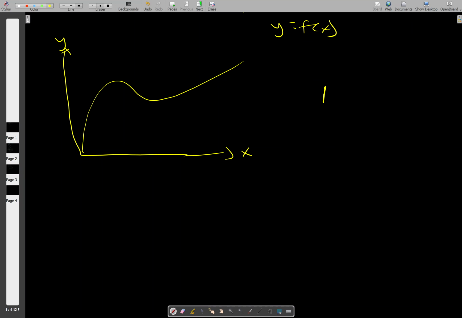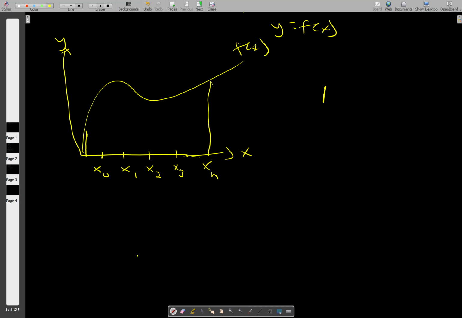Let's try to find the area under this given curve. This is f of x, and this is the area under this curve. We have x0, x1, x2, x3, up to xn.